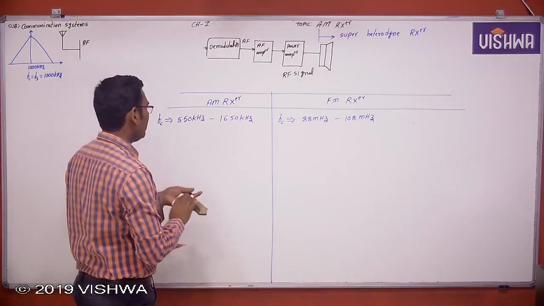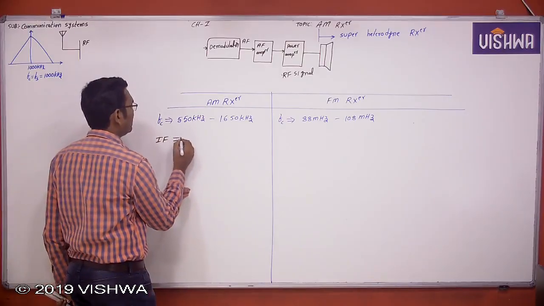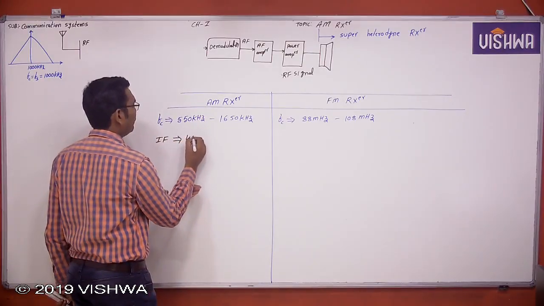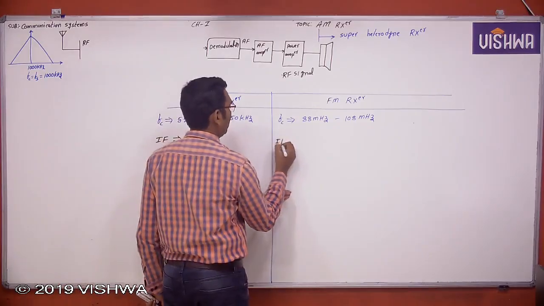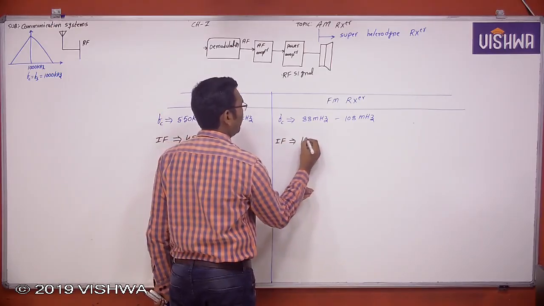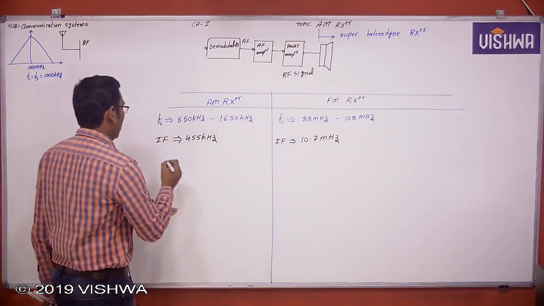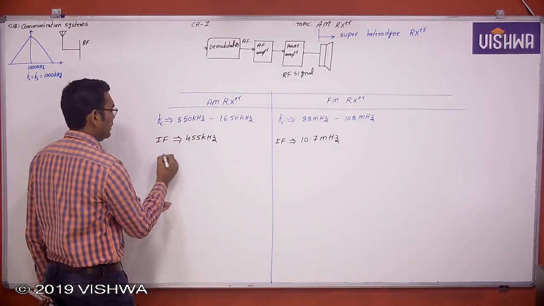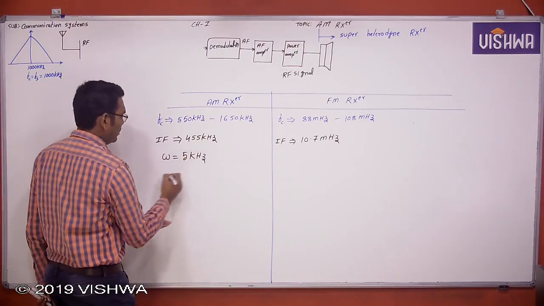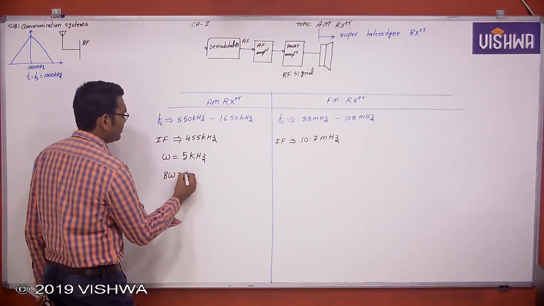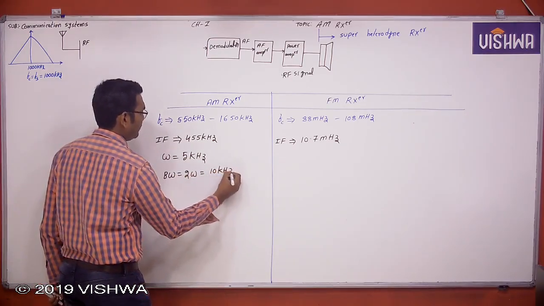Now the intermediate frequency is fixed for a particular receiver. It is fixed as 455 kHz for AM, and the intermediate frequency for FM is 10.7 MHz. You know that the highest audio frequency is band limited to 5 kHz, therefore the bandwidth of each AM station is 10 kHz, you know that.